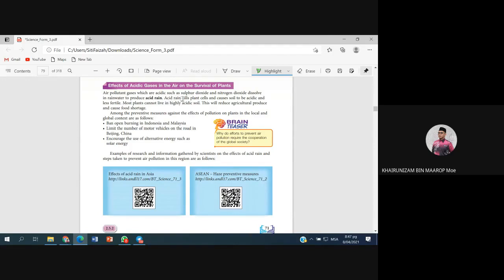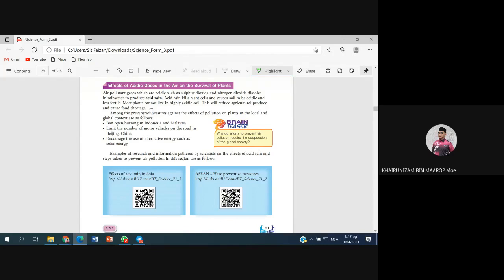So acid rain kills plant cells and causes soil to be acidic and less fertile. So most plants cannot live in highly acidic soil. This will reduce agricultural produce and cause food shortage.